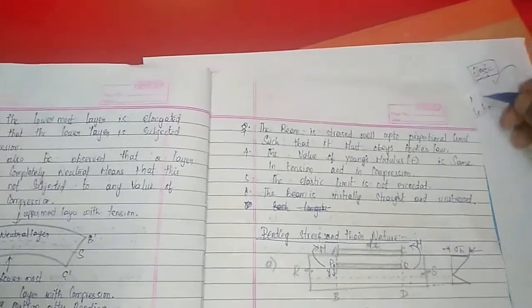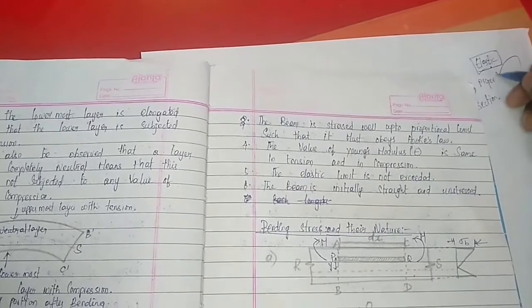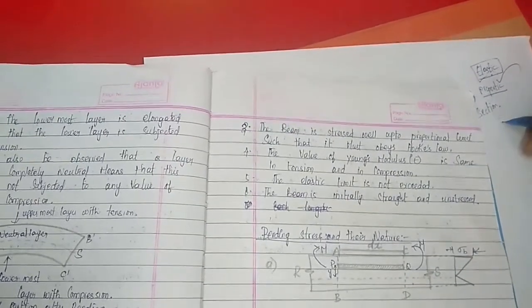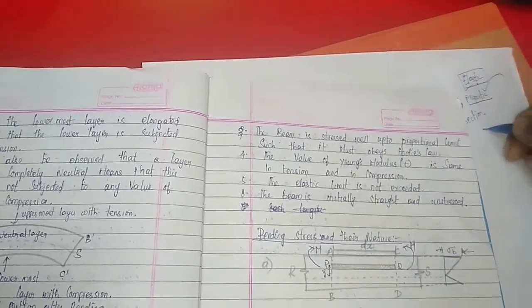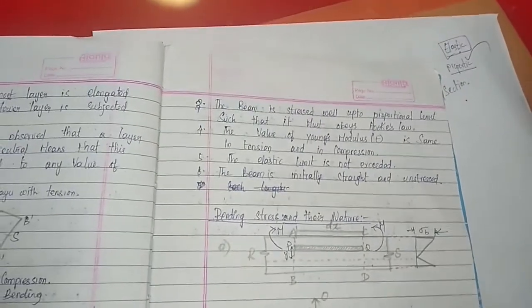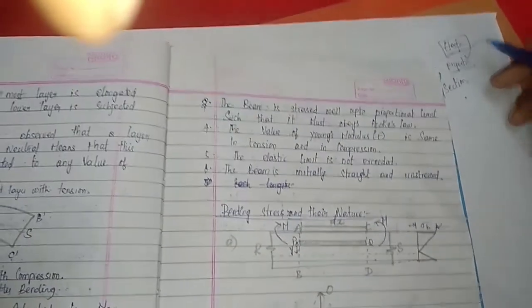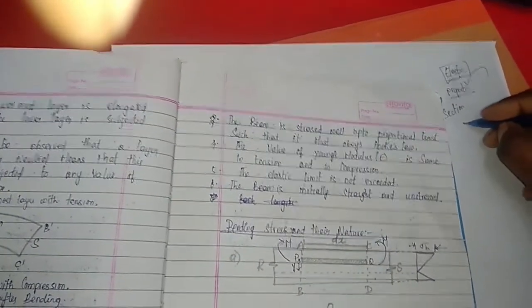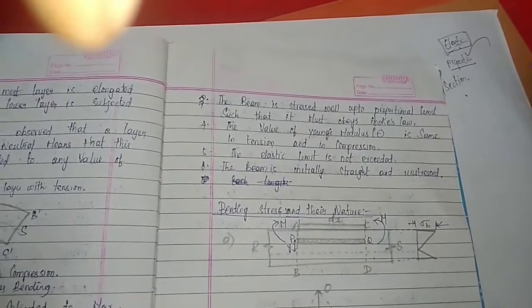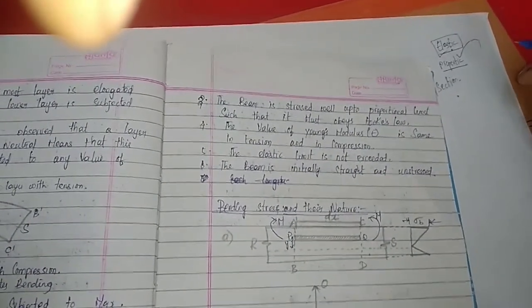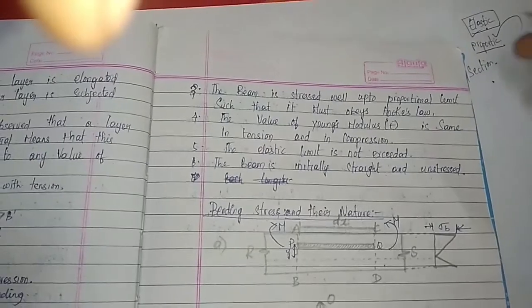So this proportional limit is nothing but for the elastic property. At a particular point, this elastic property of a material will change into a plastic property. That means it will not regain its original shape. Till that particular point, the material will have elastic behavior.